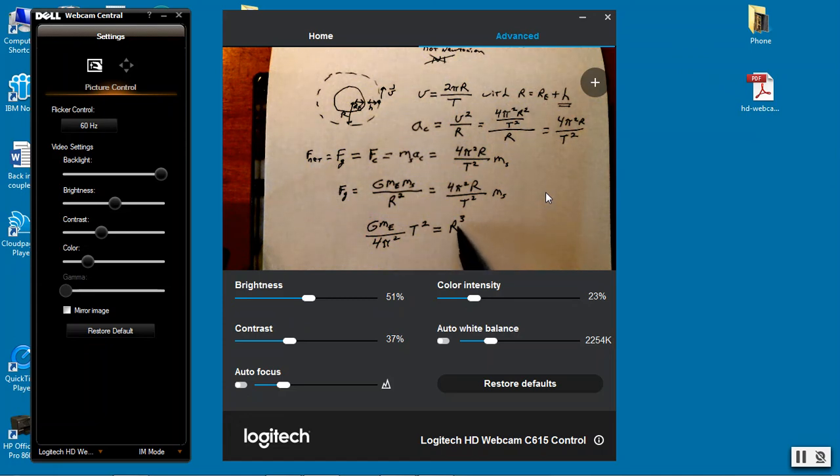This equation that says that the radius of the orbit cubed is proportional to the period squared is actually a manifestation of one of Kepler's laws. Kepler looked at a whole bunch of planetary motion data taken by Tycho Brahe, and he found that all of that data for each planet obeyed 3 laws.